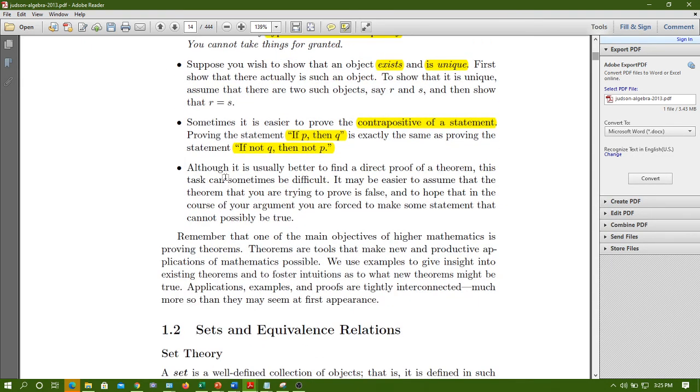Lastly, although it is usually better to find a direct proof of a theorem, this task can sometimes be difficult.